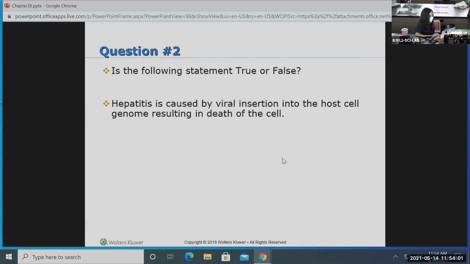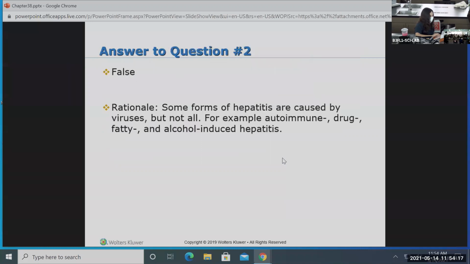Is the following statement true or false? Hepatitis is caused by viral insertion into the host cell's genome, resulting in death of the cells. True or false? Now, if you look at this one, some forms of hepatitis are caused by viruses, but not all. Not all.